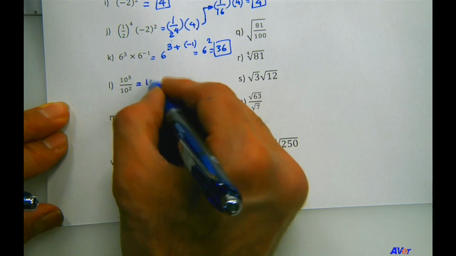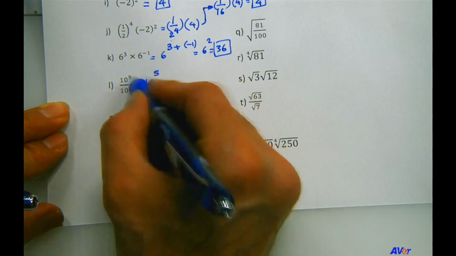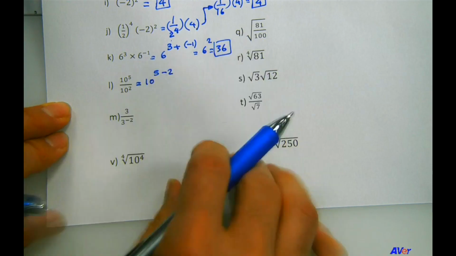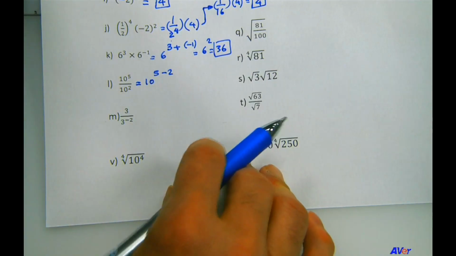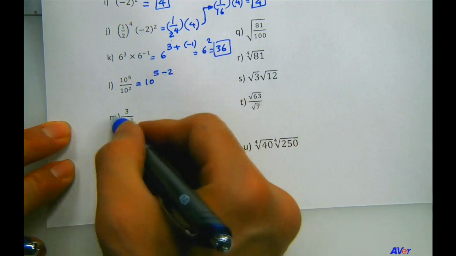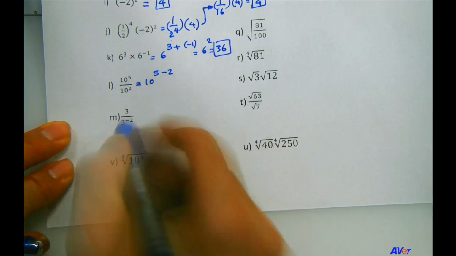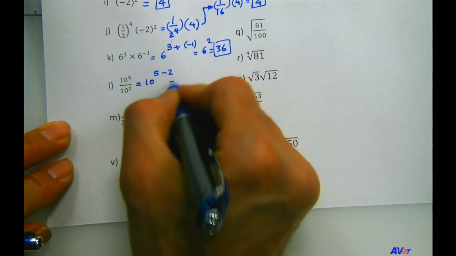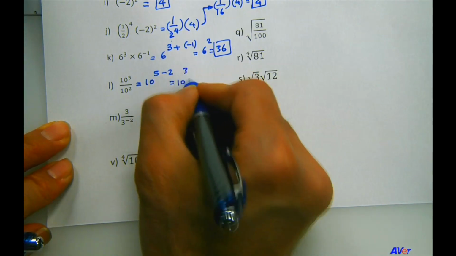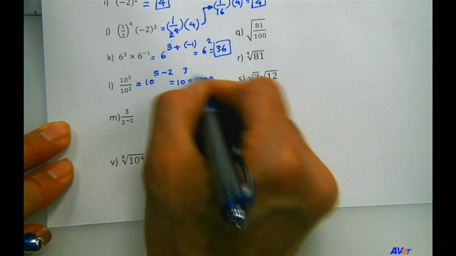So we can subtract the power, 5 minus the power in the denominator. I have an example like that here, so I'll talk about it when I get to m. But this is 10 cubed or 1,000.